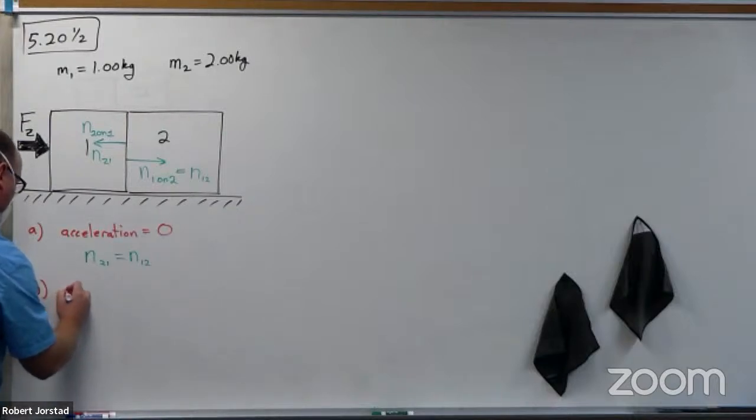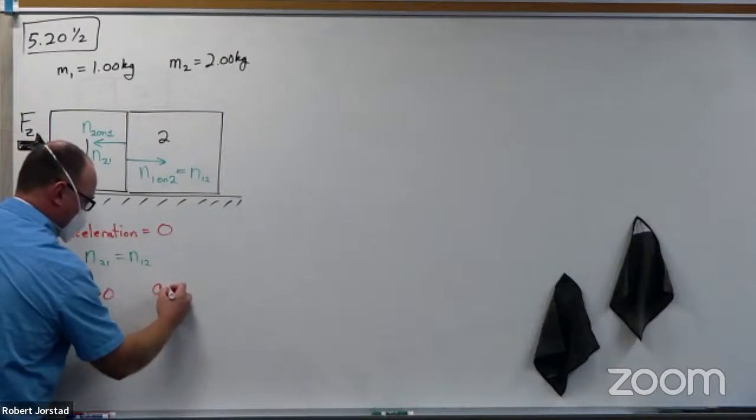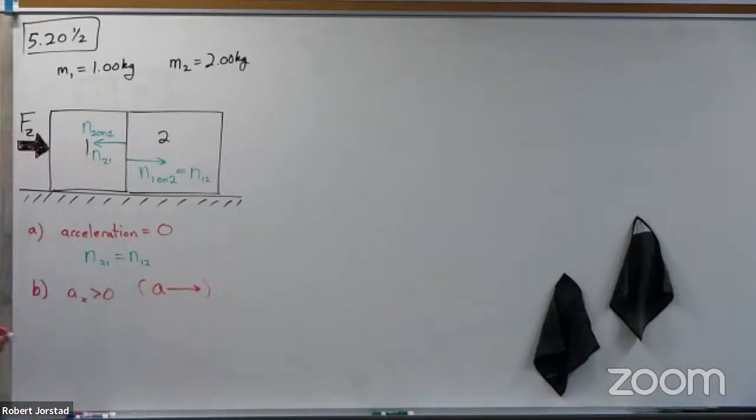However, what if a_x is greater than 0? It's accelerating to the right. If it's accelerating to the right, which one of these forces is bigger? Same. I'm just trying to mess with you.